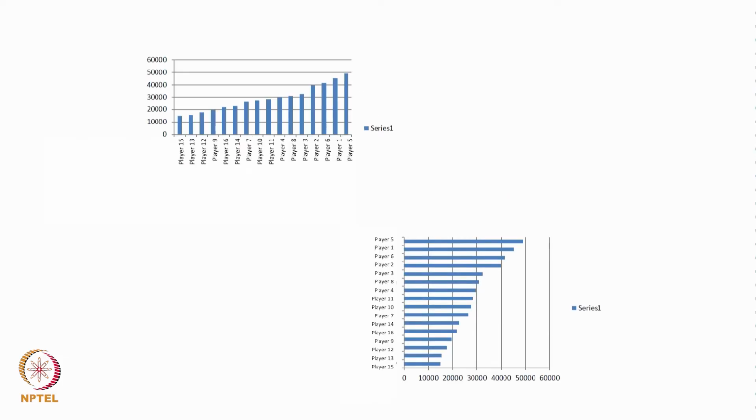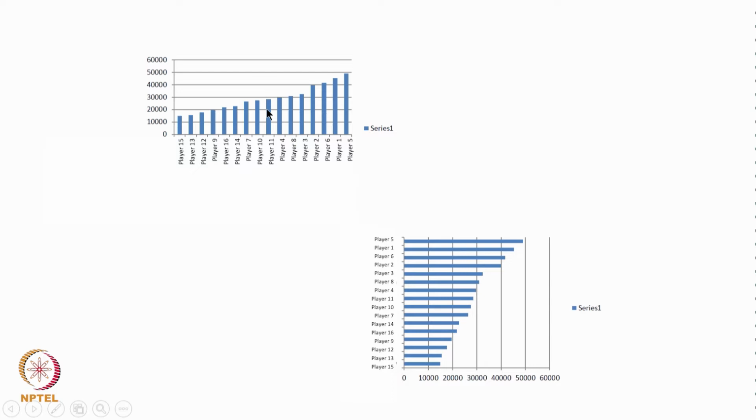Now, the same information is shown in 2 different forms. This is the horizontal bar chart, and the one that is shown here is a vertical bar chart.